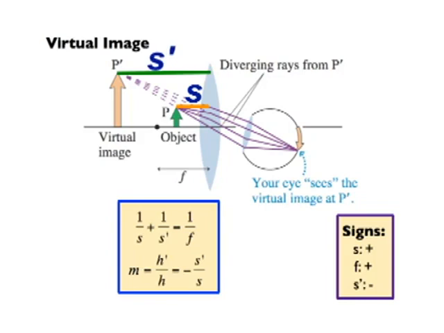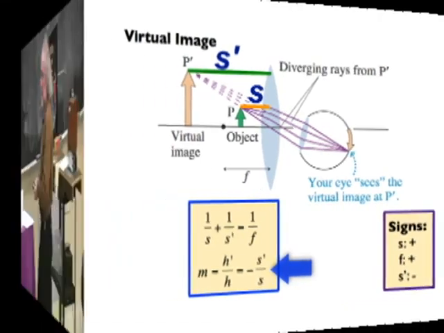For a virtual image, it's on the same side. It's opposite from our basic case. And so we signify that by making S prime have a negative sign. Well, if S prime is negative and S is positive, negative S prime over S is positive. That tells me my magnification is positive, and that just tells me that the image is upright. And a virtual image of an object will be upright, as we'll see.